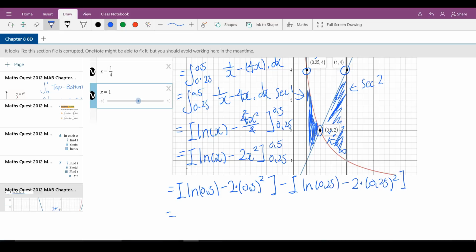I get negative 1.193 around there, minus negative 1.511.